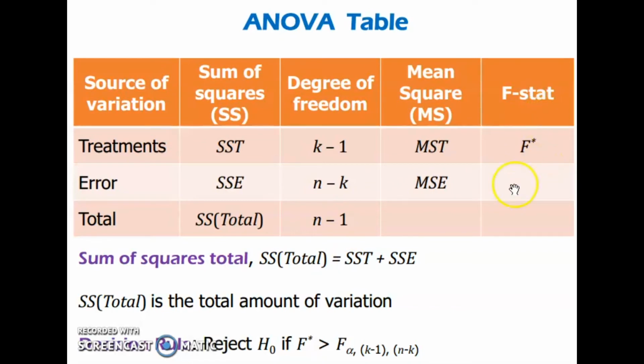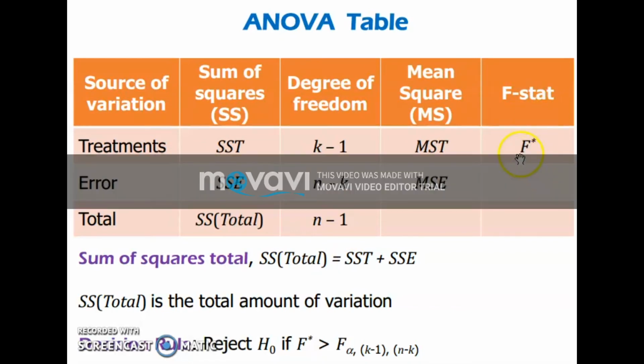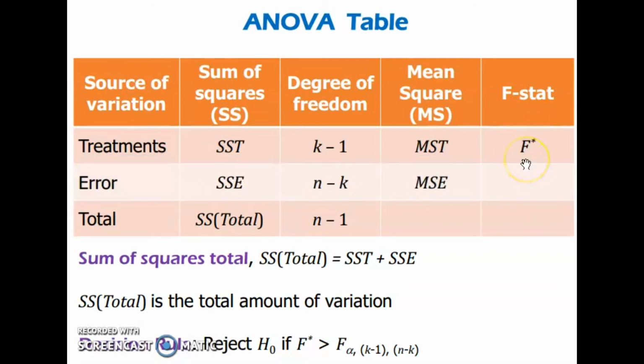So this F stats is the test statistic. We are using the F test, and we will calculate the test statistic, which is the F stats. Once we have this F stats, we will compare it with the critical value, and the critical value will come from the F table.